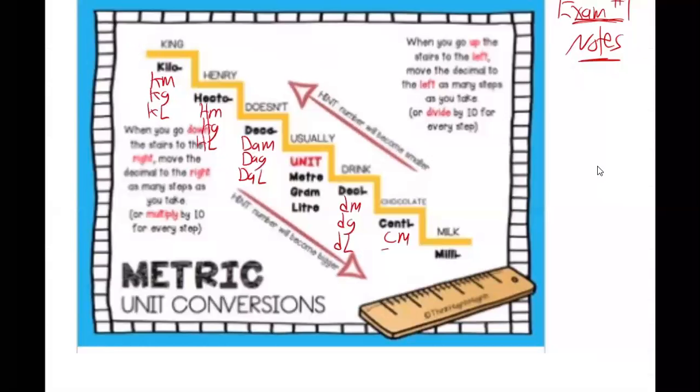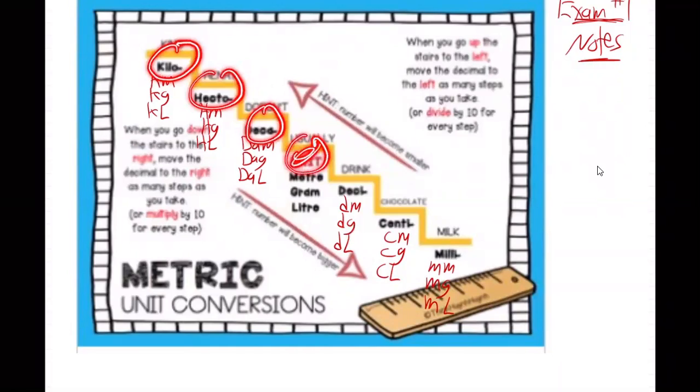This is centimeter, centigram, centiliter, millimeter, milligram, milliliter. So those are the abbreviations. Just so you see what I'm doing there: the prefix, the word that goes in the front, these are the prefixes. Those words go in the front, and then these three words go in the back.